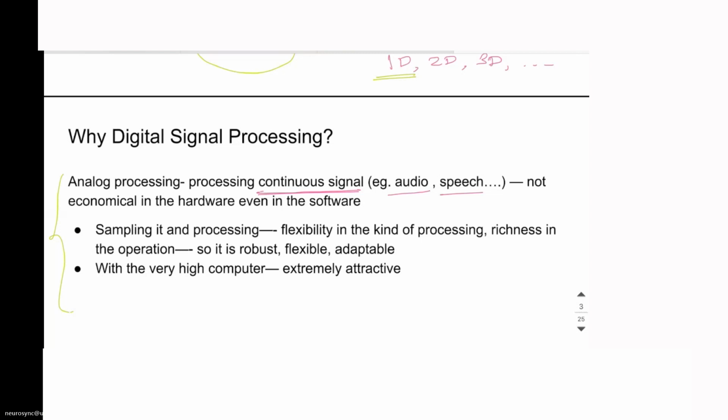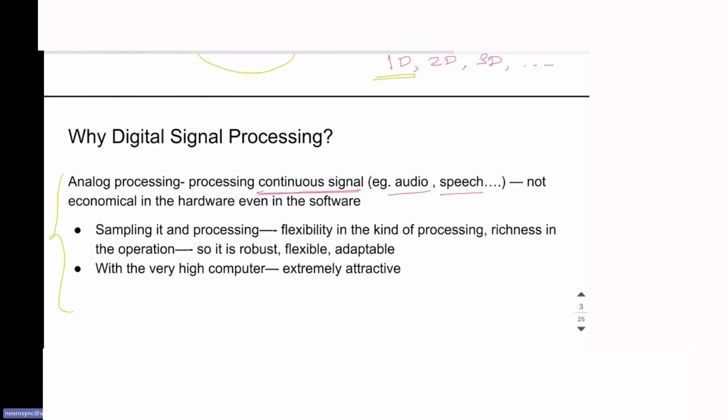Now, when we apply some process on this continuous signal, the information of this signal that we have to store in the hardware will be very vast, and that will need a greater amount of hardware capability.